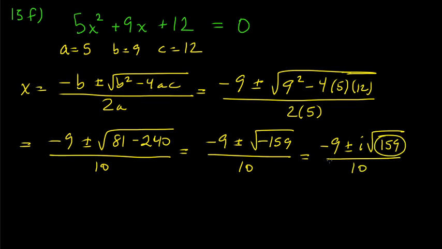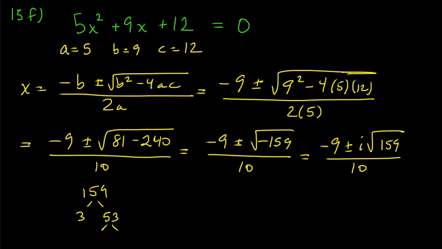Now, again, the only issue is, can we simplify the square root of 159? What's 159 divisible by? Well, it's divisible by 3. So it's 3 times 53. And 53 is divisible not by 2, not by 3, not by 5, not by 7.